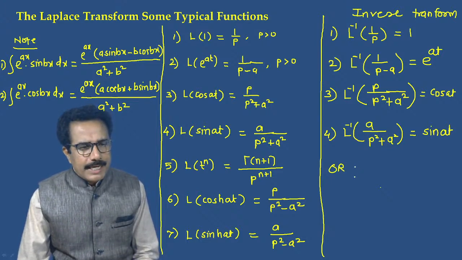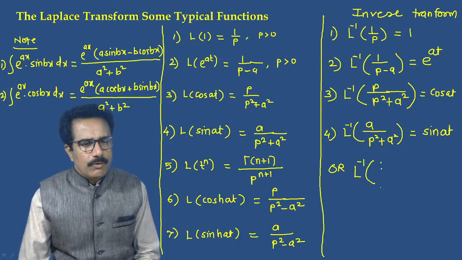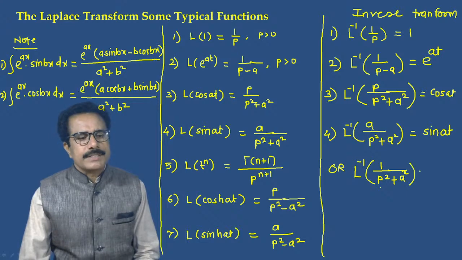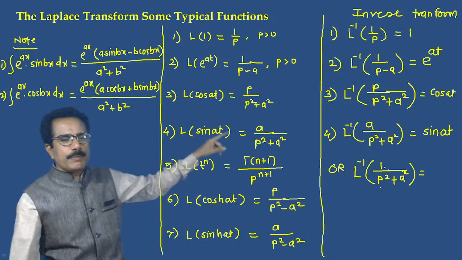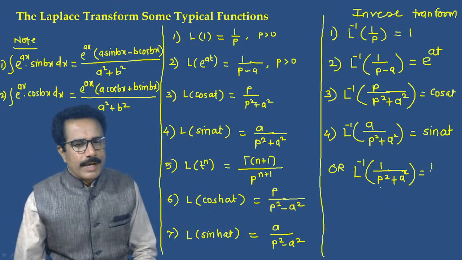We can also write this as 1 upon a of L inverse of 1 upon p square plus a square, because a is the constant. So we can write this formula in the form 1 by a sin at.